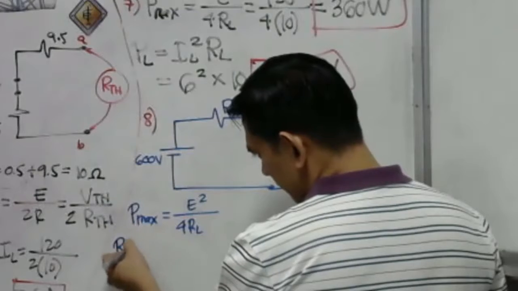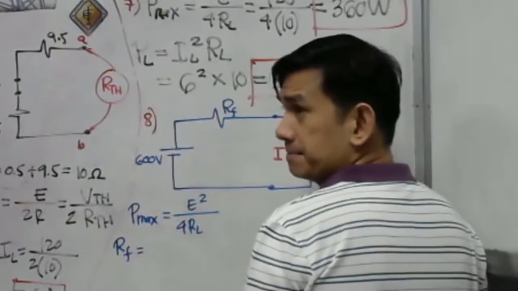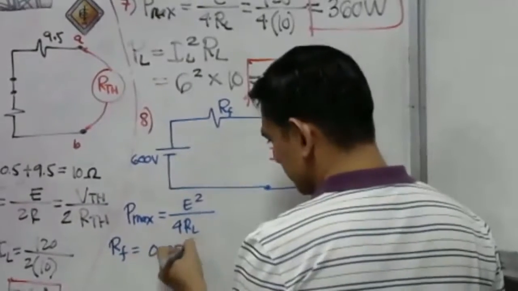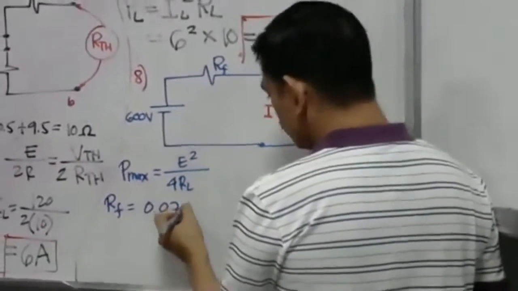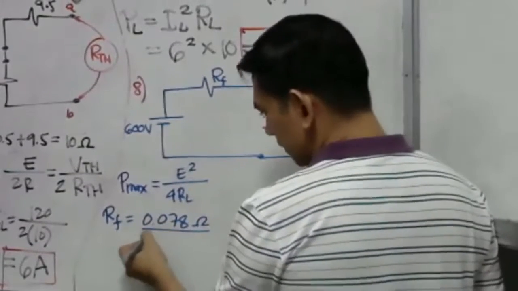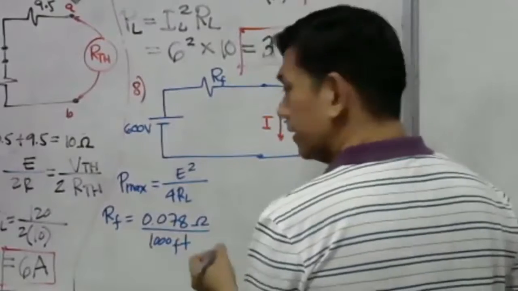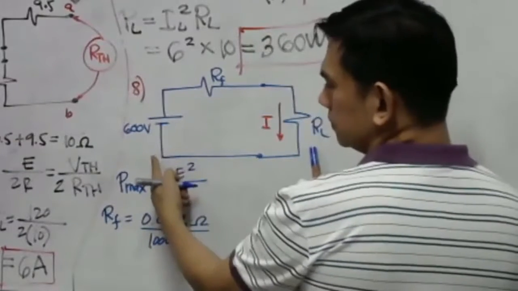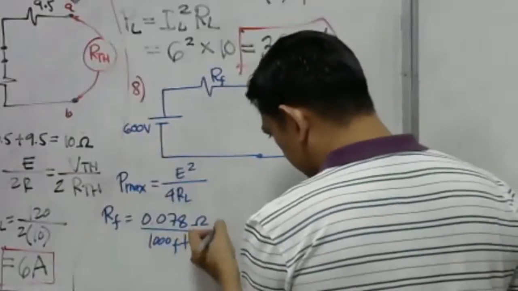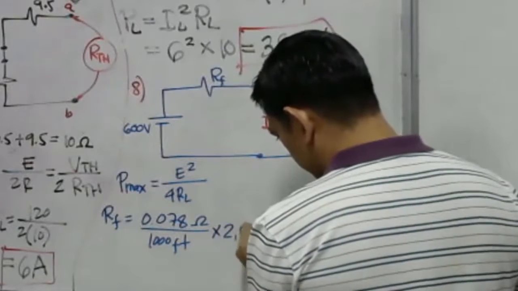So our RF is simply equal to, so it is given in our problem, 0.078 ohm per 1,000 feet. Okay, then we have the distance of the load to the source is 2,500. So we have to multiply it by 2,500 feet.